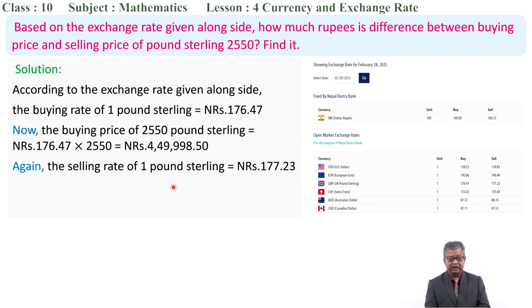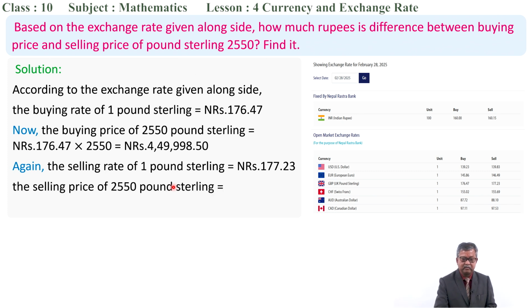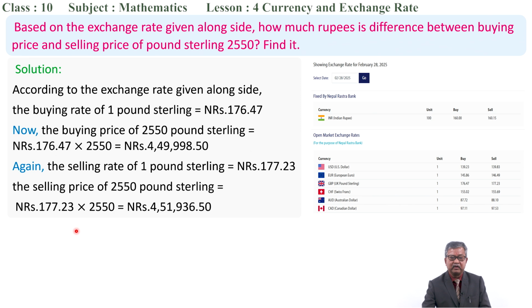Then we can use the calculator and we get, I am also multiplying, 177.23 multiplied by 2,550, we get Nepali rupees 4,51,936 rupees 50 paisa.